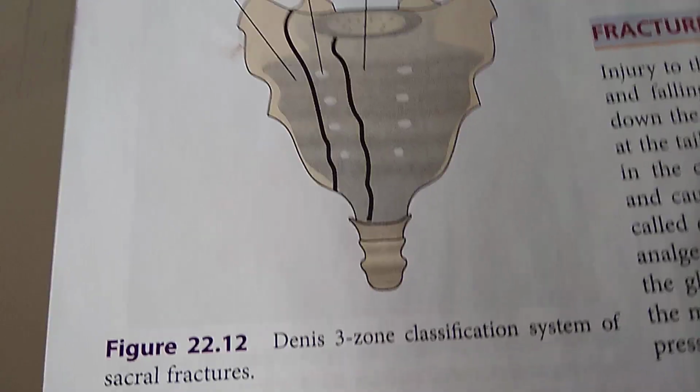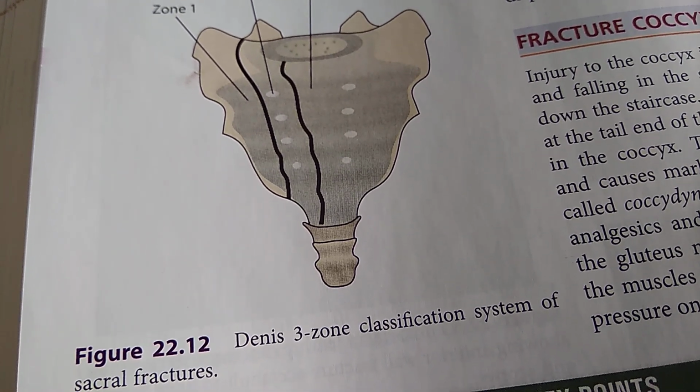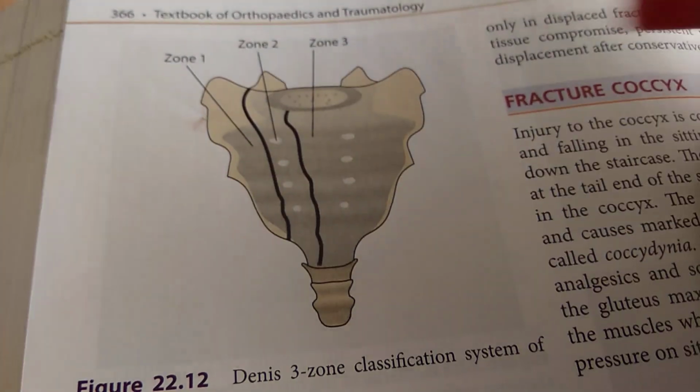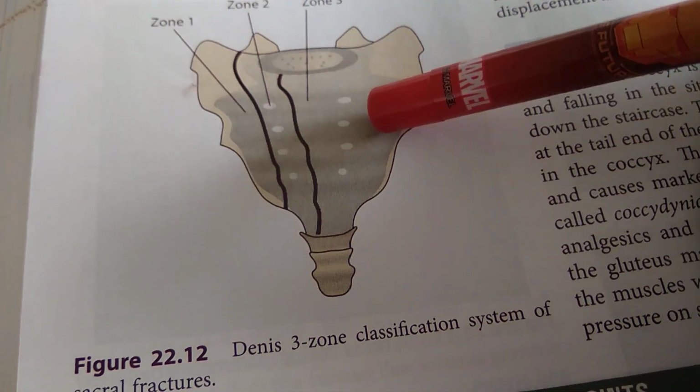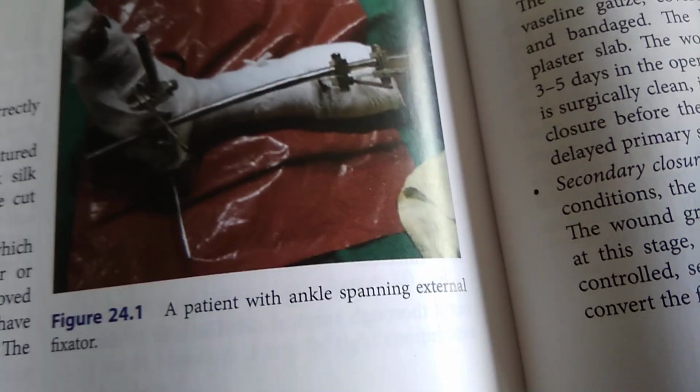Fracture of coccyx. Dennis 3-zone classification system of sacral fractures. So we're talking about the sacrum. So you have zone 1, zone 2, zone 3. Then, what's this?